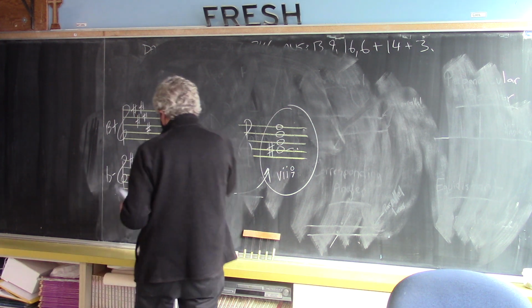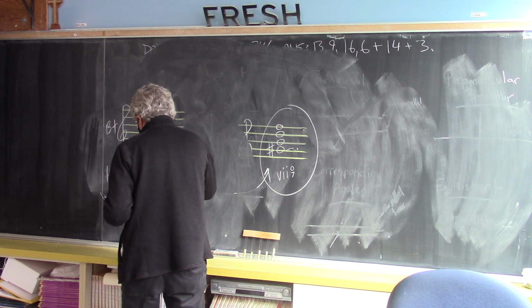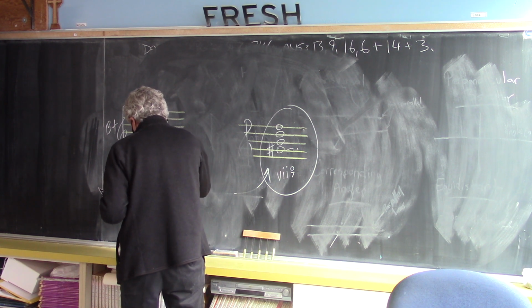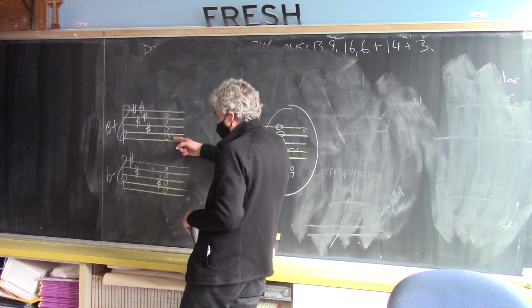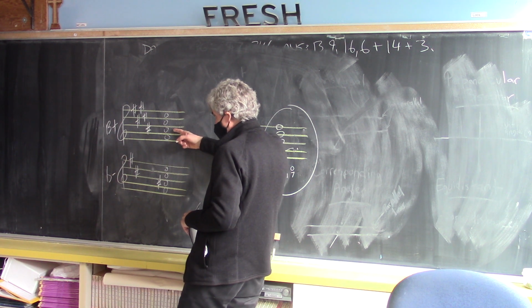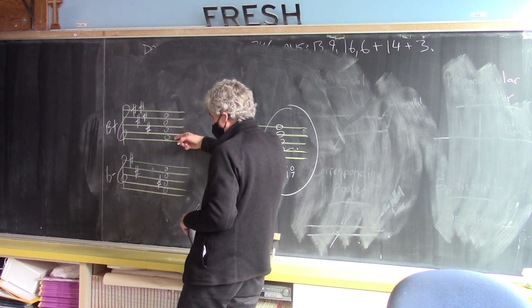Okay, so if you look at that chord, B major: F sharp, A sharp, C sharp, E. Major 3rd, perfect 5th, minor 7th.